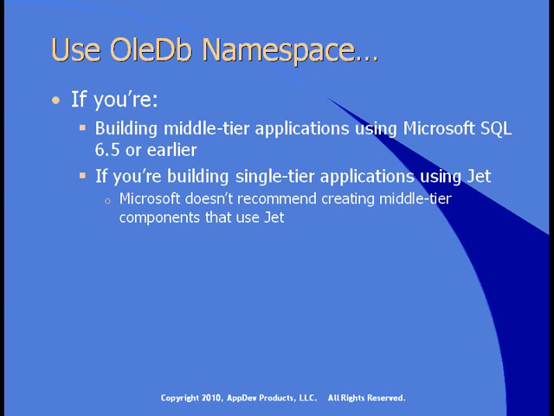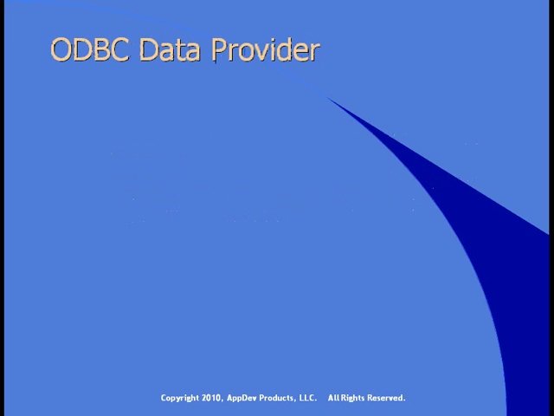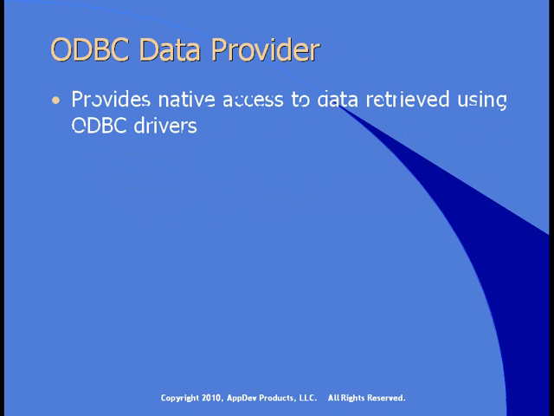I know people do it. I know you may be doing it. But Microsoft doesn't recommend that because Jet wasn't built for that. That is, an Access database wasn't meant for middle-tier components in a distributed application. Now there's also the ODBC data provider, and this provides native access to data retrieved using ODBC drivers.